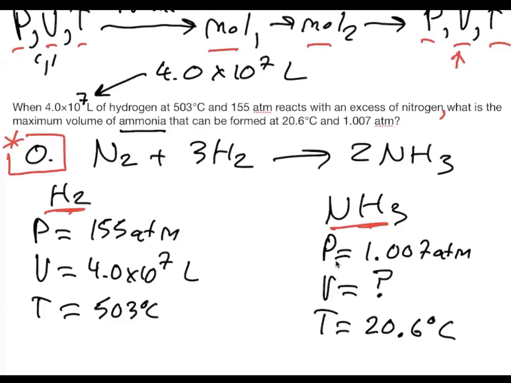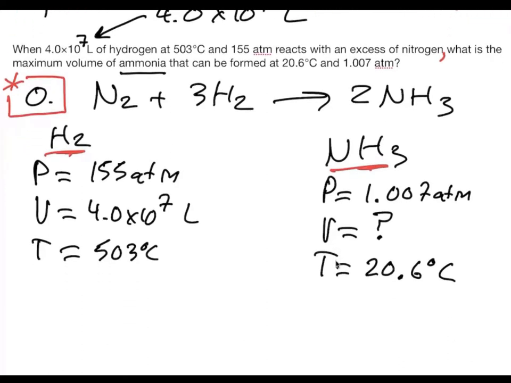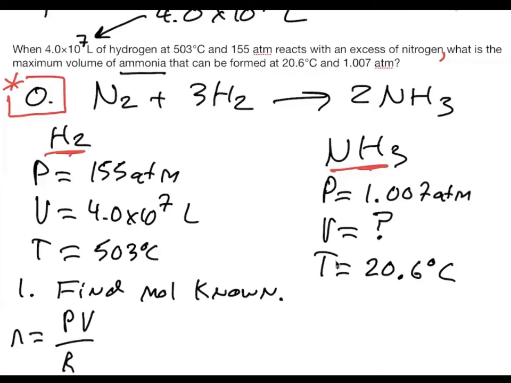Okay, so I have a balanced equation. The next thing I'm going to do is find moles of the known. Which one's my known here, by the way? I'd say it's the hydrogen, because I have 3 properties, whereas the ammonia is missing some stuff. So I'm going to find moles of the known, and so moles is equal to PV over RT.